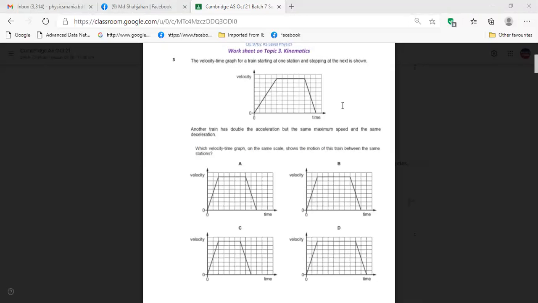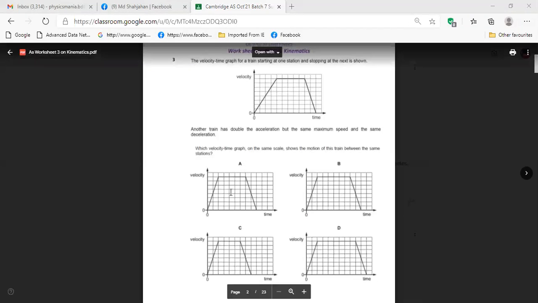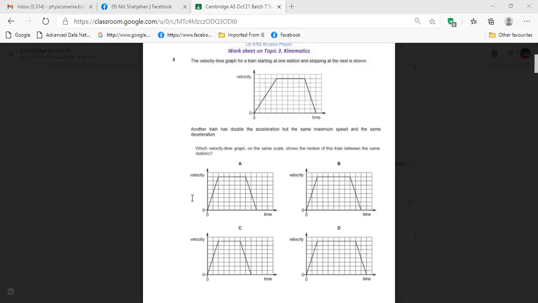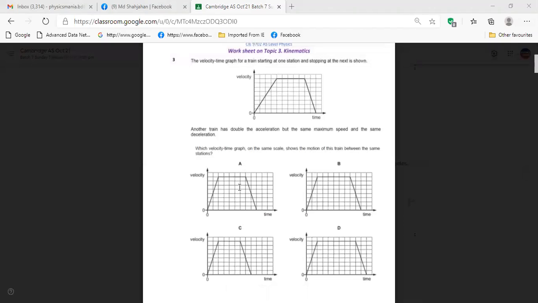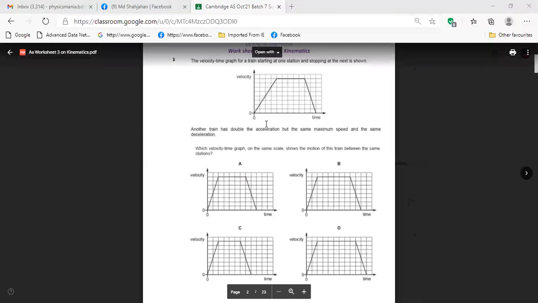Now for all of them, we will take which one is giving 64 meters. One thing is easier for us: C and A, if you think, are a little bit smaller, right? The area under the graph is a bit smaller than this area.